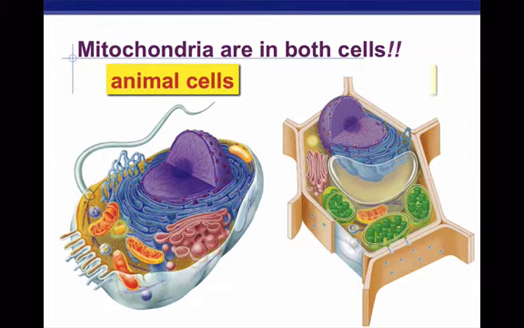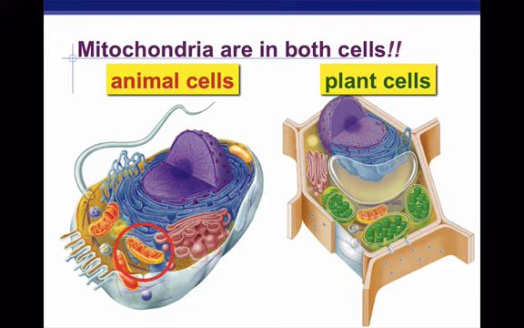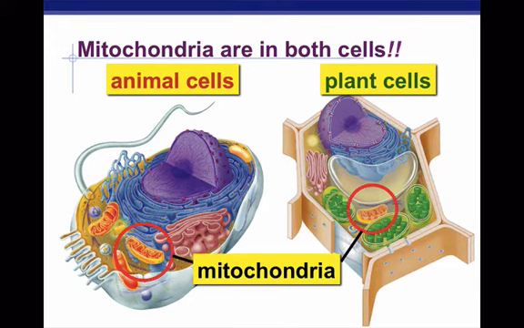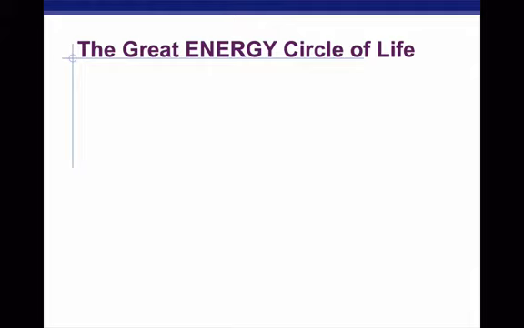So again, mitochondria are in both animal and plant cells, but remember, mitochondria are also in protista and fungus as well. So, the great energy circle of life.